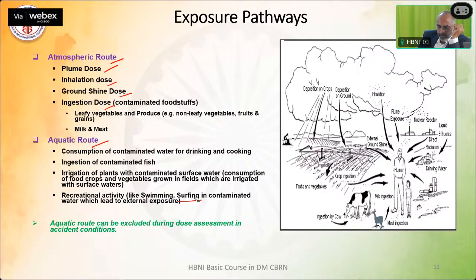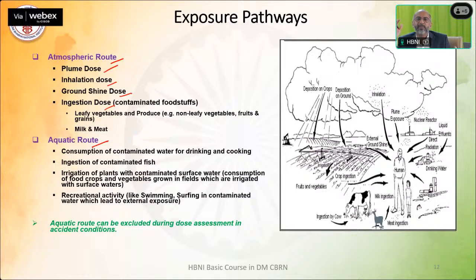The exposure pathways due to the aquatic route also have to be clearly understood. But for dose estimation in accident conditions, this aquatic route is not going to be that critical.